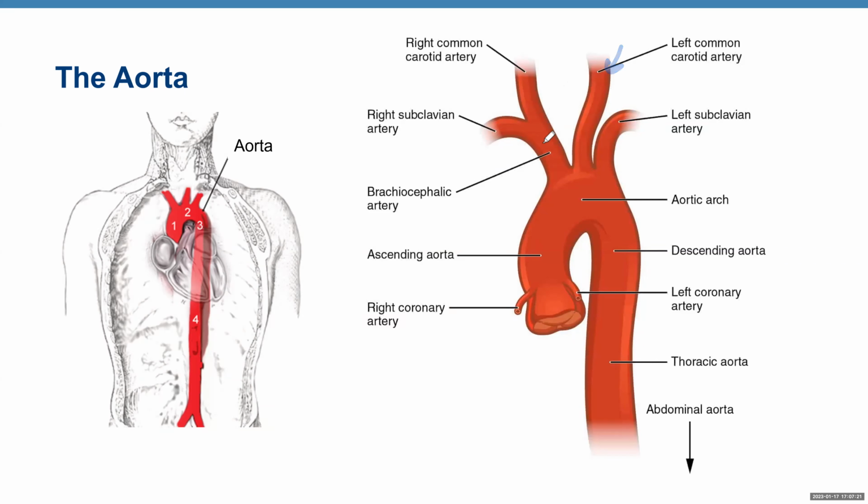The difference is these 2 left branches branch from the arch, and the right branches from the brachiocephalic artery. Now, subclavian artery, you can guess looking at the name, will go under the clavicle and then to your arm and forearm. Common carotid is going to take blood to your head, neck, and brain.